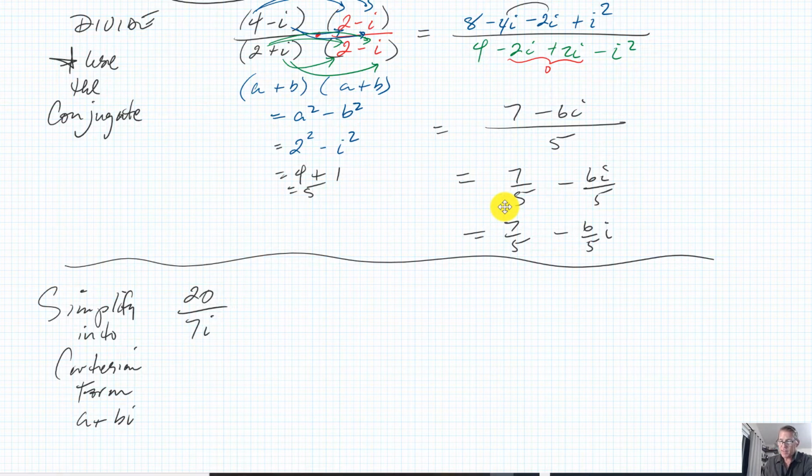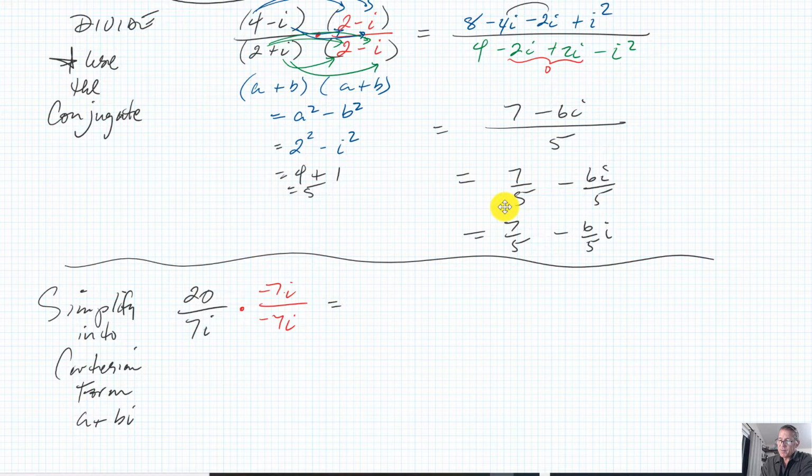You've got i's in the denominator, and that's not what Cartesian form is all about. So we've got to multiply by the conjugate of 7i, which is a negative 7i, in the form of 1. We practiced this in class last week, but we're testing this week, so I thought it'd be important for you guys to review.